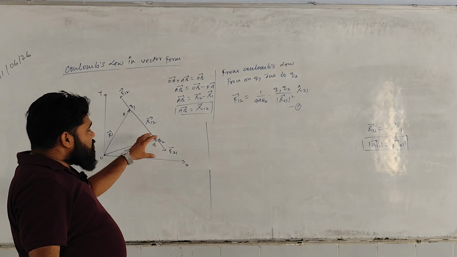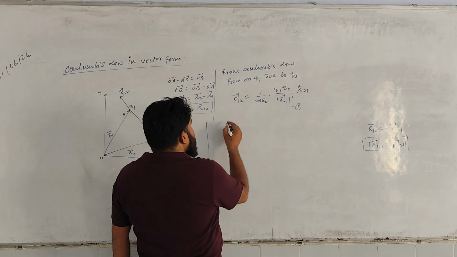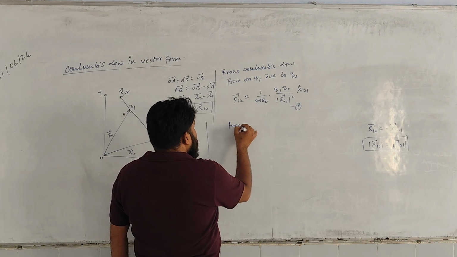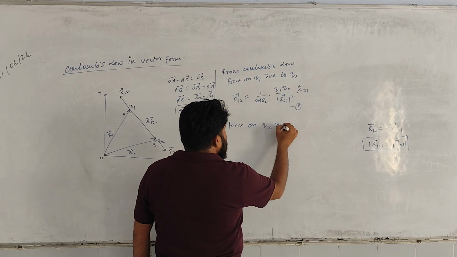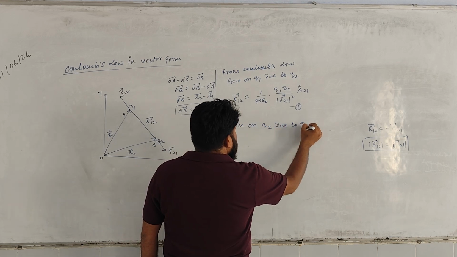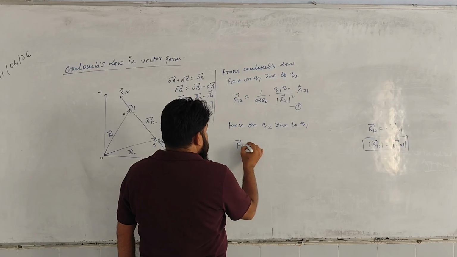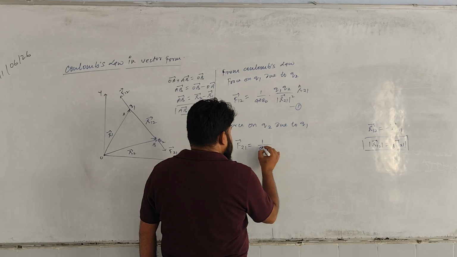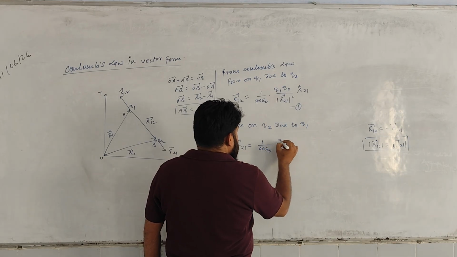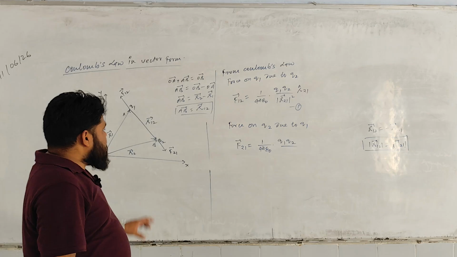Similarly, when we see the force on Q2 by Q1, force on Q2 due to Q1, that means the force F21, and also from the Coulomb's law, 1 over 4 pi epsilon naught Q1 Q2. What will be the separation between them?